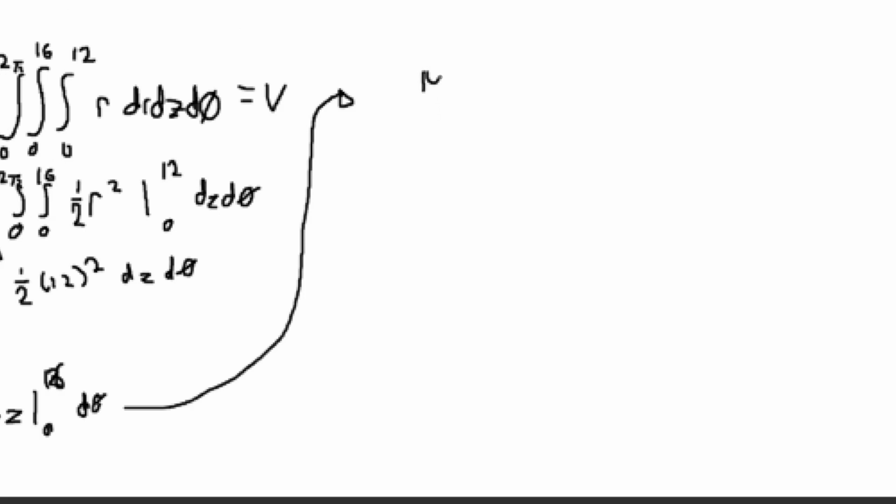So we have 144 over 2 times 16 minus 144 over 2 times 0, but we're not going to write that because we're all about saving time, which is why we're doing it the most efficient way. d theta, 0 to 2 pi.